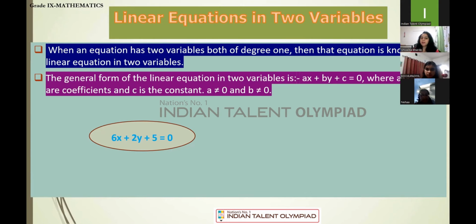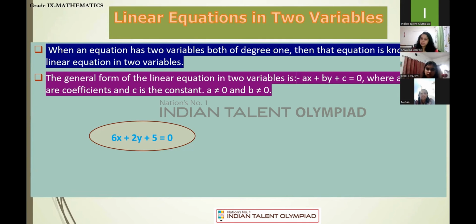So suppose I make the value of a or b equal to 0. Suppose we make the value of b equal to 0. It will become 6x plus 5 is equal to 0. Will it be a linear equation in two variables? No. It will become a linear equation in one variable.